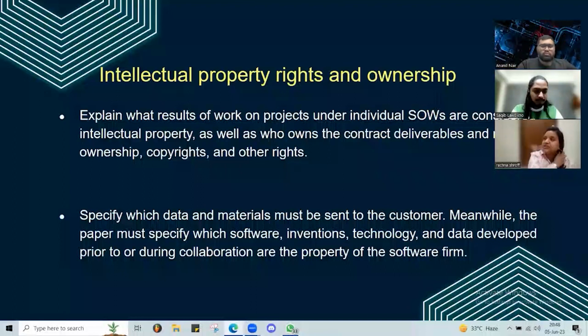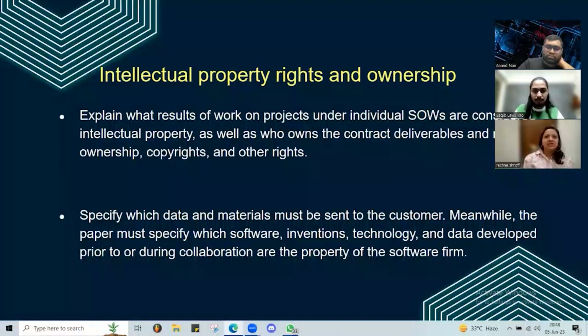Usually, I would say, maximum time it goes to the person for whom you have delivered it. There are very few times when the developer who is making it for any particular service retains it. So this can be a negotiating point. And I would say the party who is a bigger party, it stays with them, because intellectual property nobody wants to part with usually.